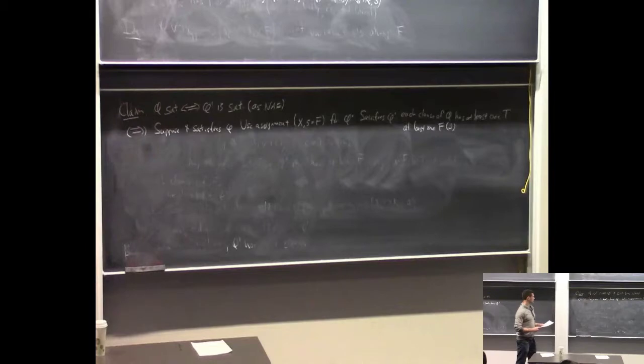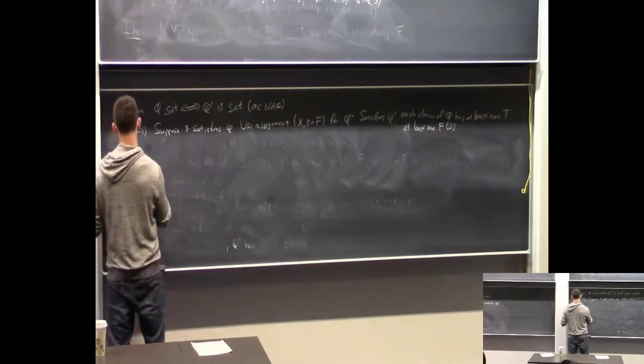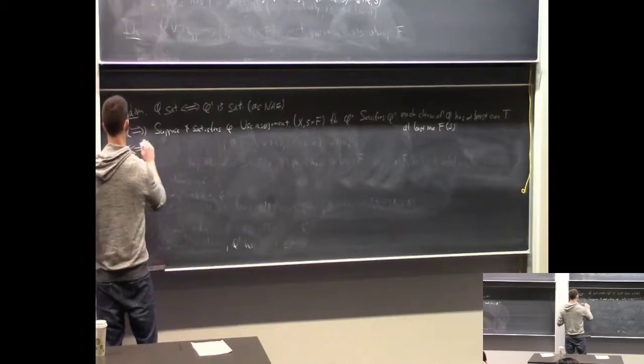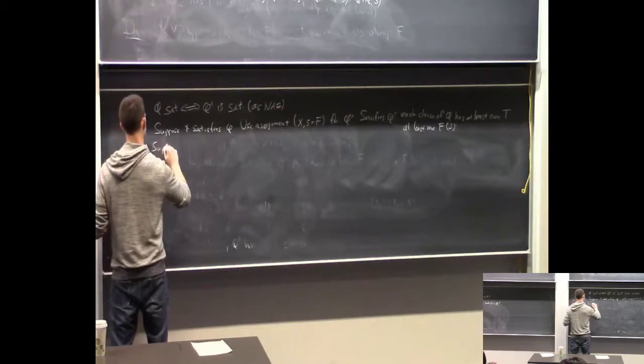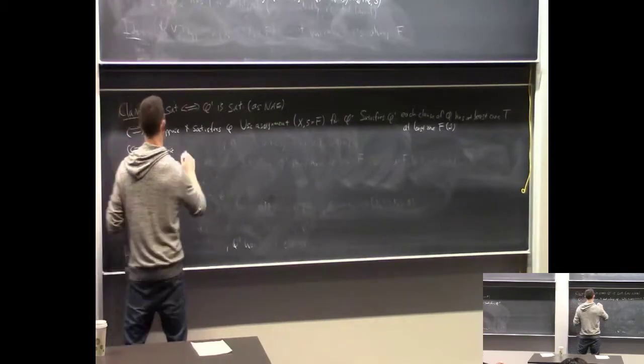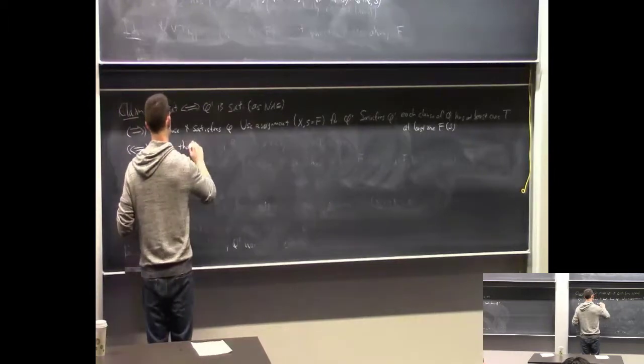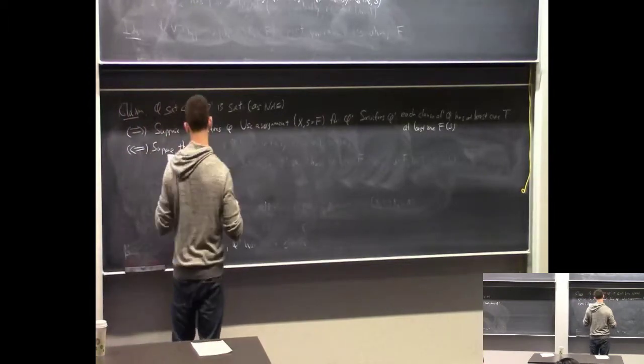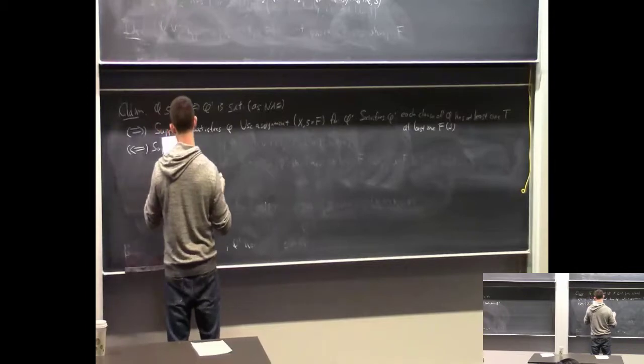All right. So that's one direction. We got to do the other direction. So here we're going to suppose that phi prime is satisfiable in the not all equal sort of way.